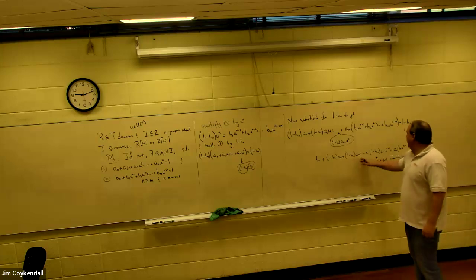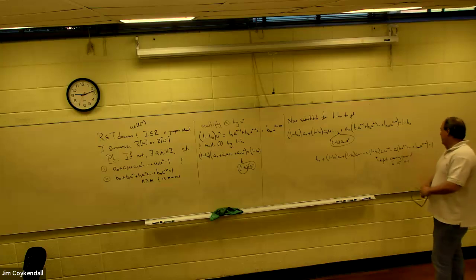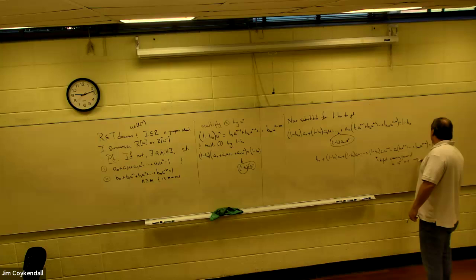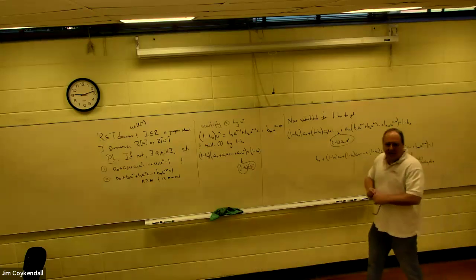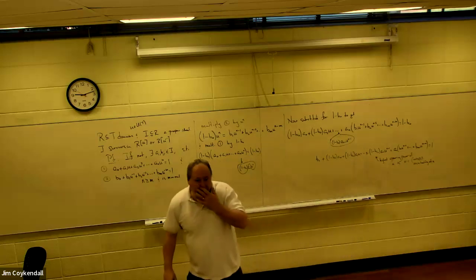Because here the powers of U go up to N minus 1, and here they peak at N minus 1, right? And this contradicts minimality of N. Because now, after massaging this equation, I have a smaller one. So it's an inductive argument.